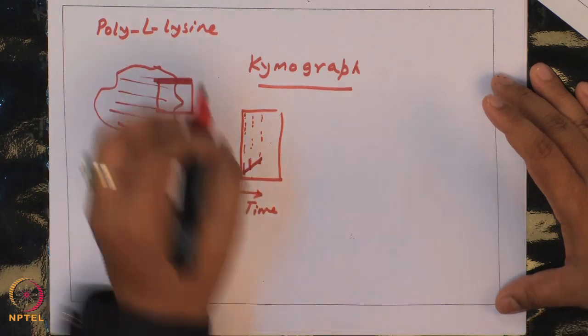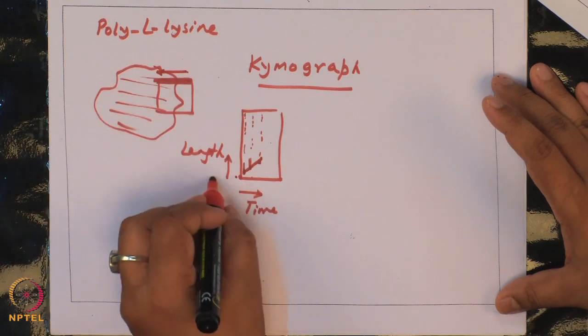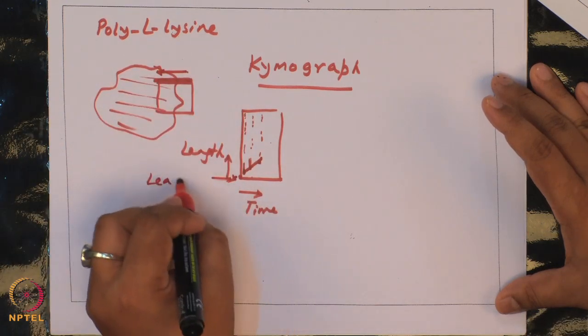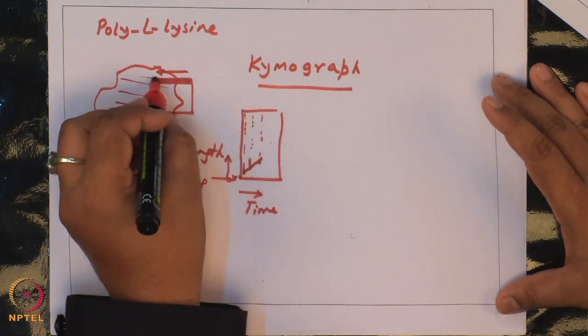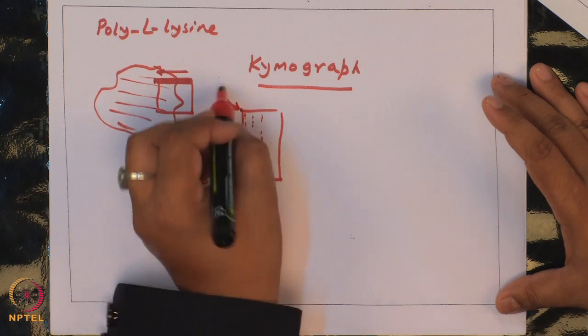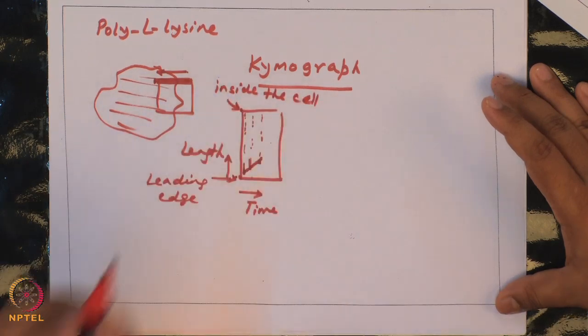Okay. So, this length is taken from this direction backward. Okay. So, this point is the leading edge, okay, and this is for the width, it is some point which is inside the cell. Okay.